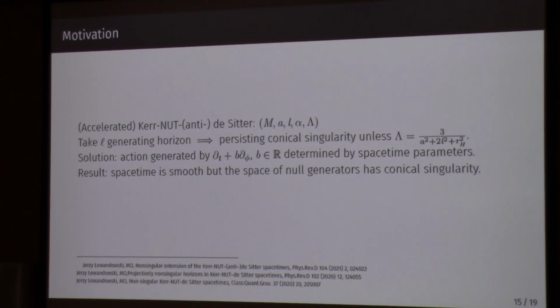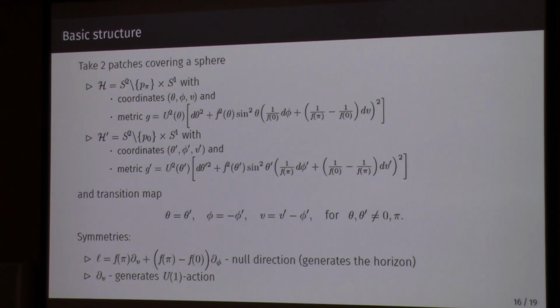In doing so, we actually constructed a spacetime which is smooth, which contained a smooth horizon, but now the space of null generators had conical singularities. So what we thought to do was to introduce these horizons with transversal action.